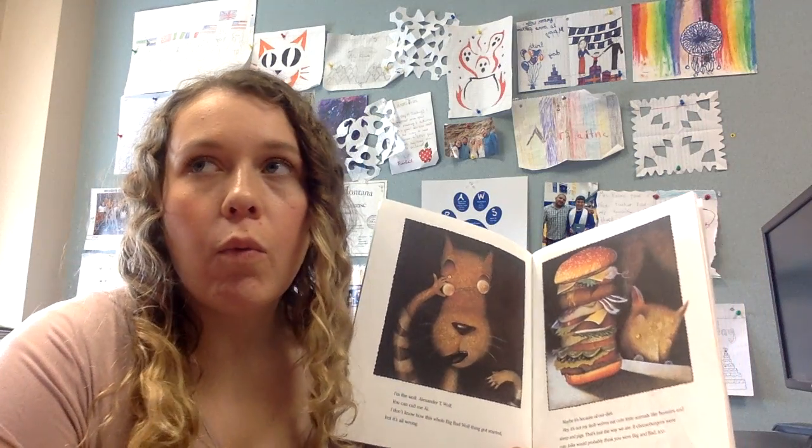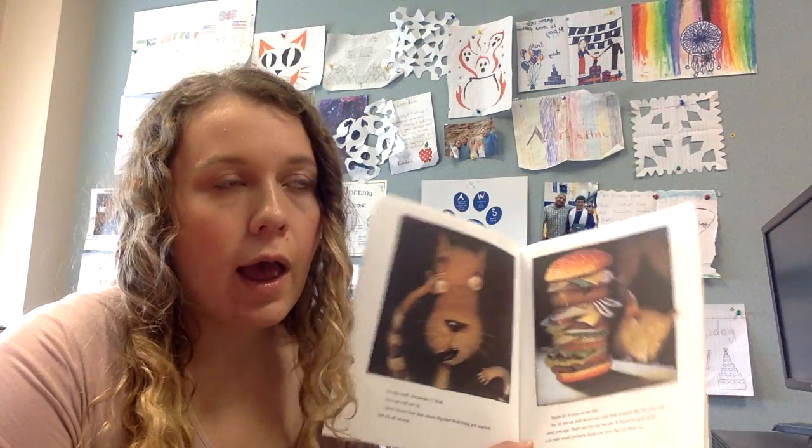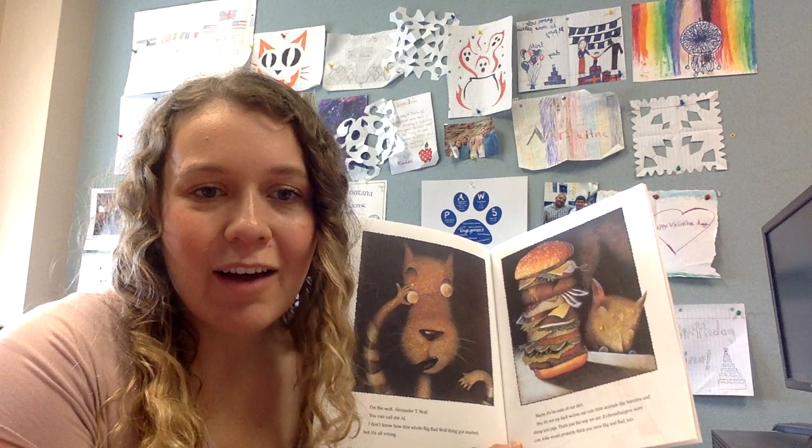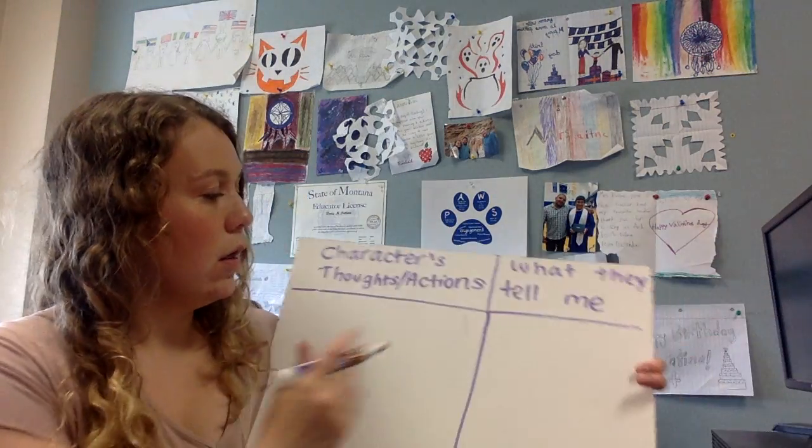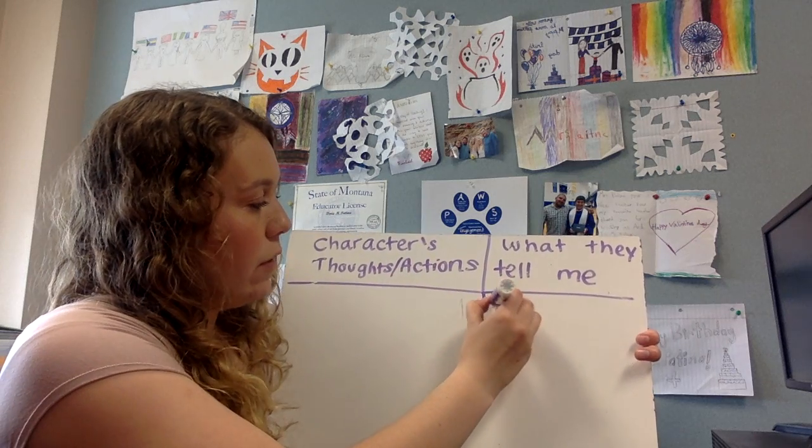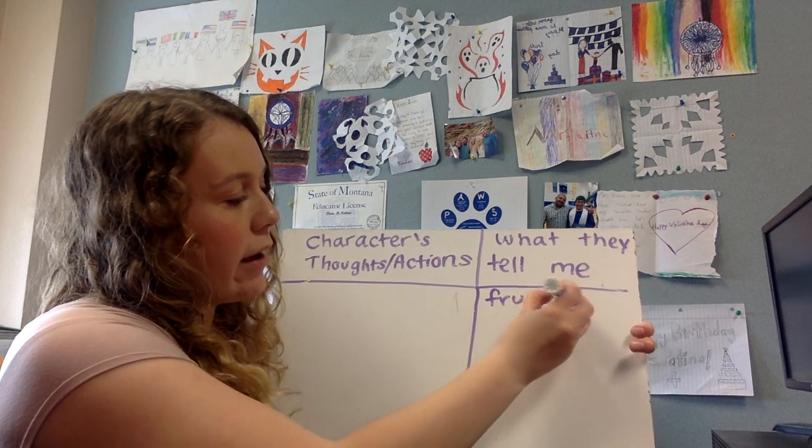So I am going to go ahead and stop right there, and we're going to talk a little bit about this character. What do you notice about this character? Thinking out loud, what I notice about this character is that he seems to be a little bit frustrated. And I'm going to put that frustrated right here.